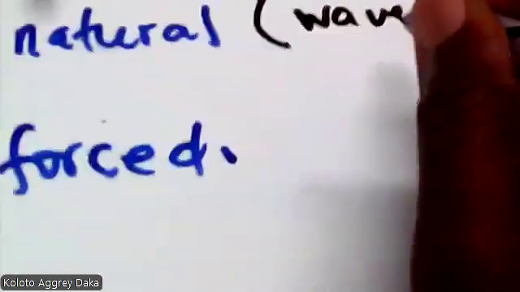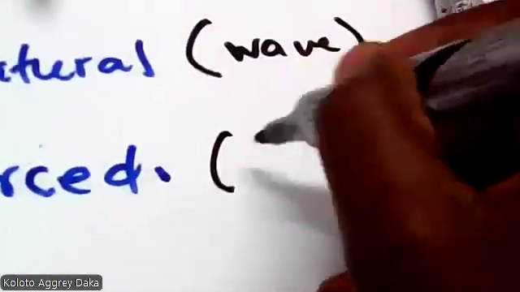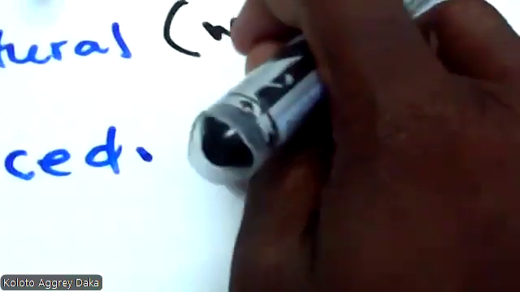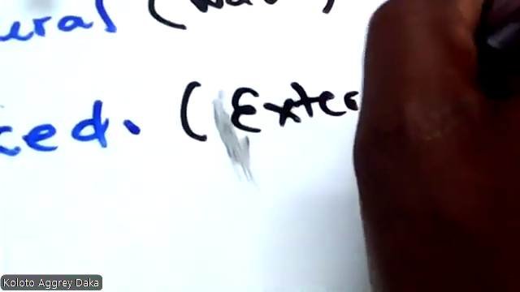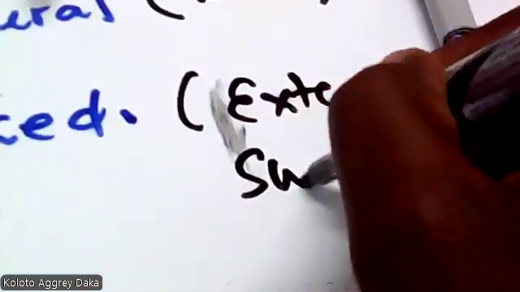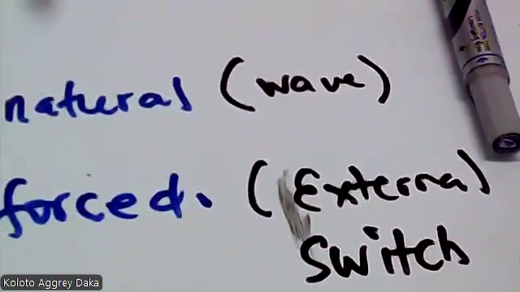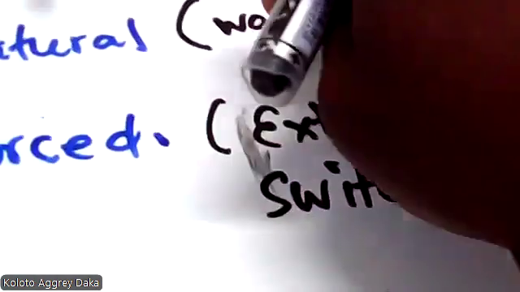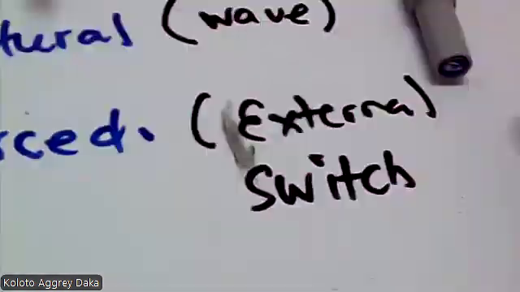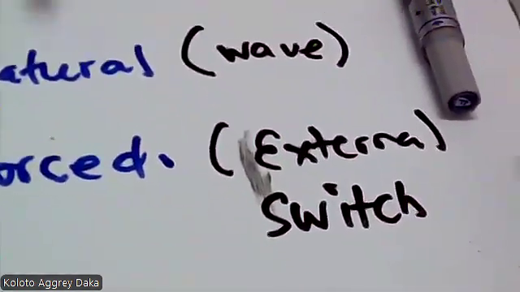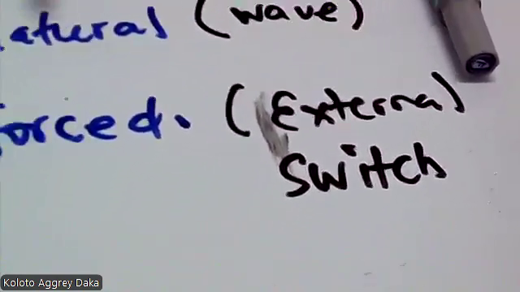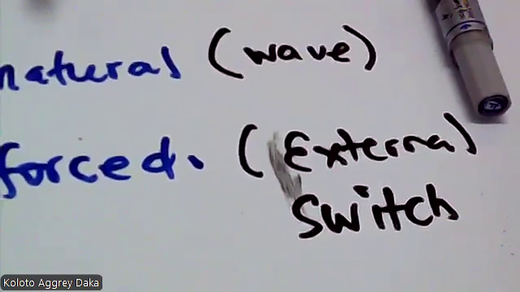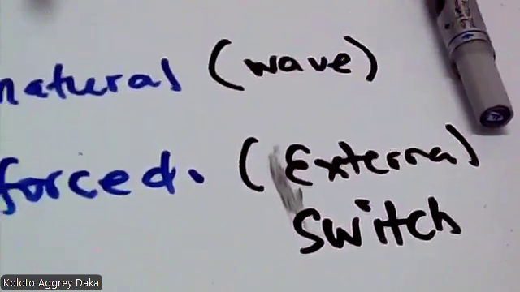Meanwhile, the first one is by an external switch. The one that just follows the wave is natural, whereas where we use an external switch to change the cycle, that one is called forced.